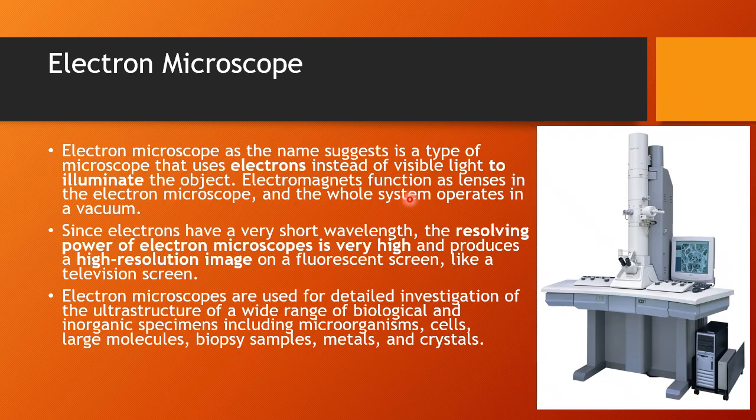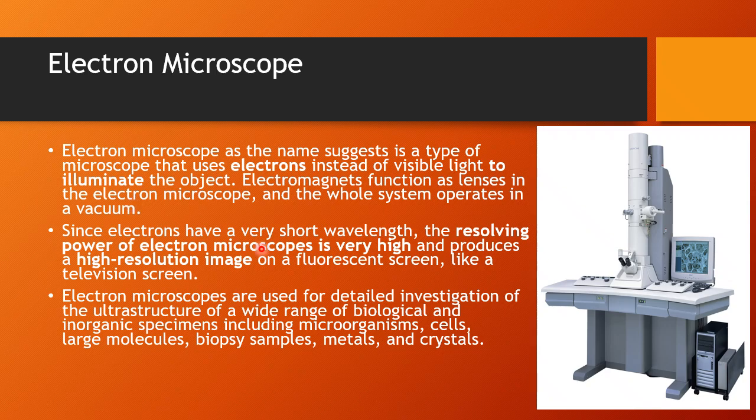Here we use electromagnets as lenses. And the entire microscope works in vacuum. So these are the differences: it works with electrons, electromagnets are used, and it operates in vacuum.